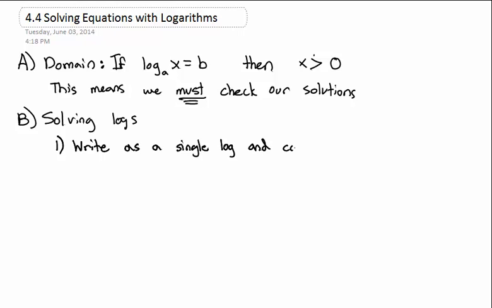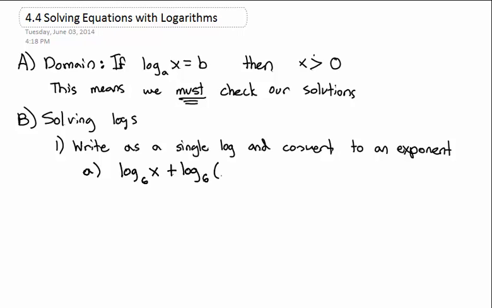and then convert the log to an exponent. For example, if we have log base 6 of x plus log base 6 of x plus 1 equals 1, and we want to know what x equals.